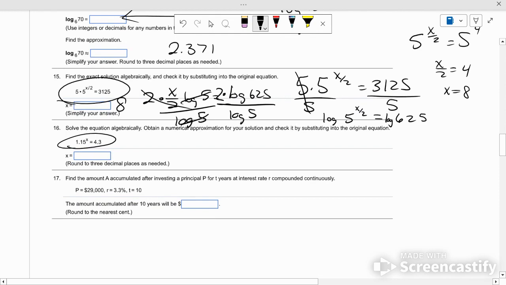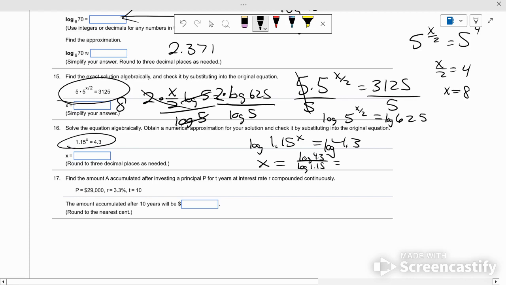Solving this equation, what do we do to each side first? We take the log of both sides. So x equals log of 4.3 divided by the log of 1.15. What do we get?